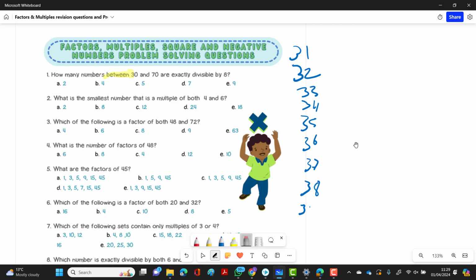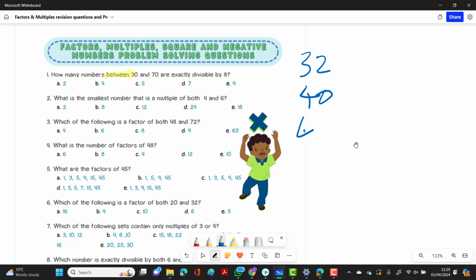Actually, rather than doing that, it's quicker to write the 8 times table. So 32, then 40, 48, 56, 64, and that's it. If you count those, 1, 2, 3, 4, 5. So 6 is C, 1 is C. Okay. Next one.